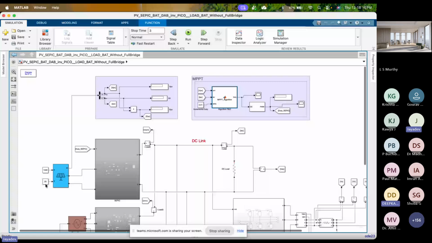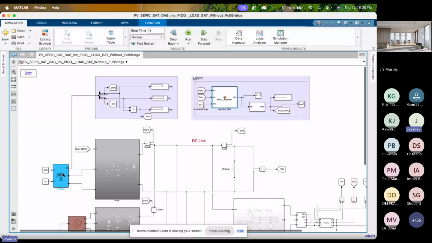For simplicity, we take the maximum irradiation, the standard temperature and insolation value, so that whatever PV supply you are considering, you can verify whether the maximum power can be achieved and whether your logic is correct or not.